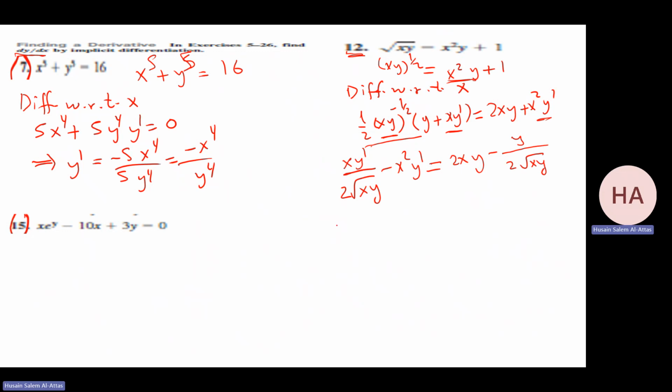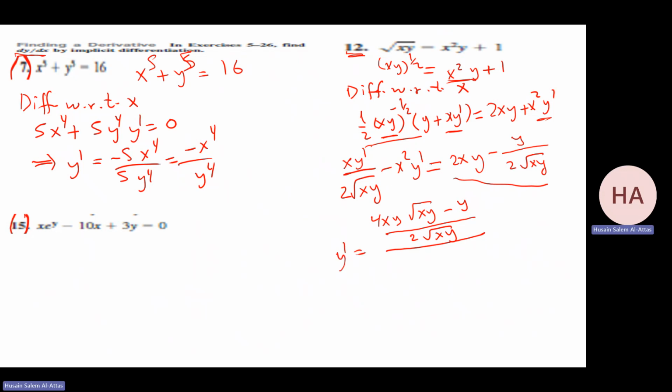So y prime, I can simplify. That will be 4xy square root xy minus y over 2 root xy, which is this one, over, y prime equal.